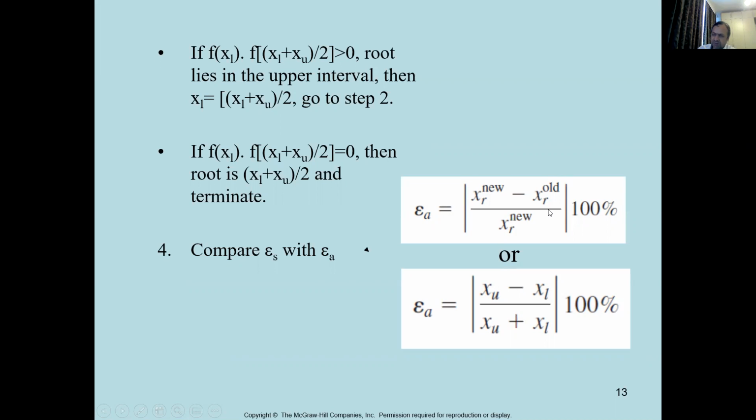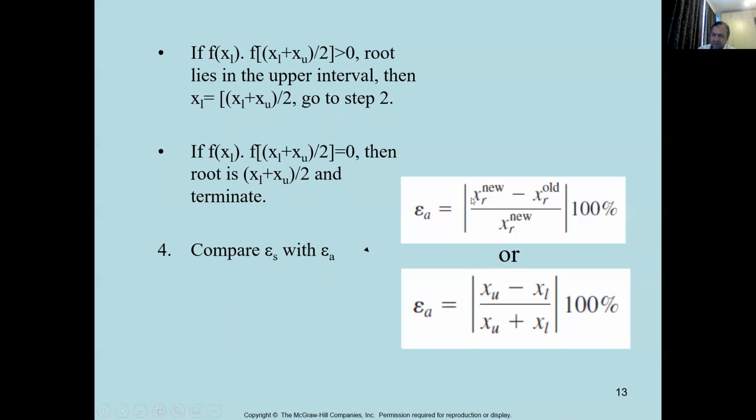By using the first formula, we can only start after the second approximation, because in the first formula we need the new approximation.